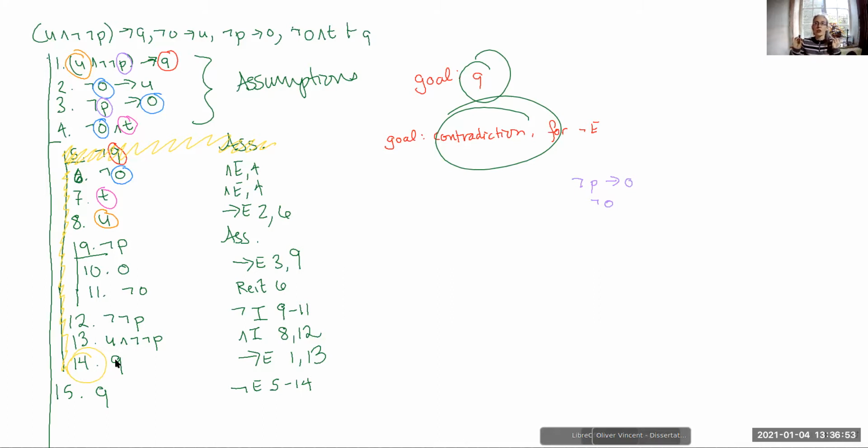Now, there's nothing wrong with the route that we did. Every single line of the proof was correct. Superfluous lines are never a problem. Also, it's not entirely clear that you would have realized right away that you could get it this way without having to go through the negation elimination.